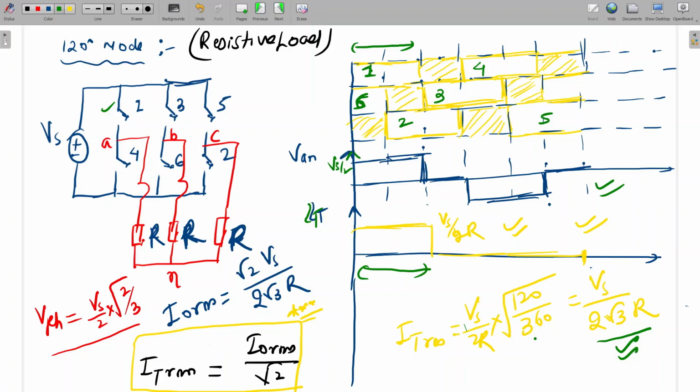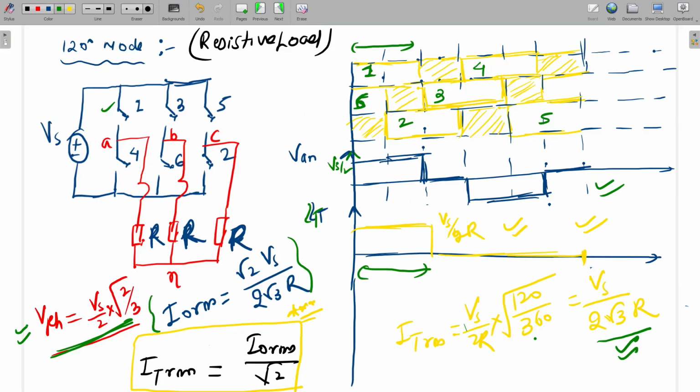So I want the relation between this one. So what is the phase value here in case of 120 degree? That is Vs by 2 into root 2 by 3. Is it correct? Yes, sir. And what will be the output RMS current? This phase divided by R. So root 2 Vs divided by 2 root 3 R. This will be the output RMS current. Correct?